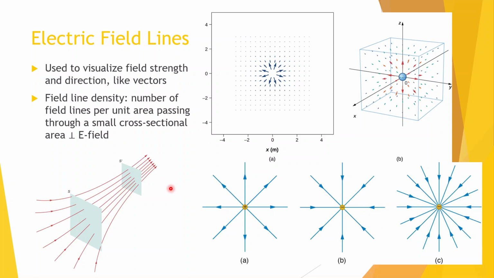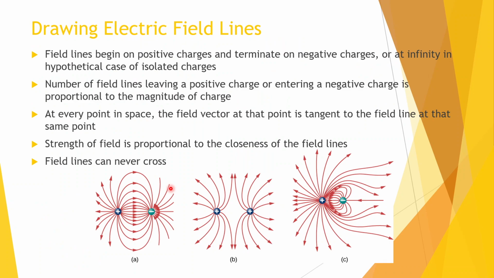All right, so let's move on to actually drawing these guys. Now, like I said, they begin on positive charges and end or terminate on negative charges, or at infinity if you're in a hypothetical case of isolated charges. And the number of field lines leaving a positive charge or entering a negative charge is proportional to the magnitude of the charge.